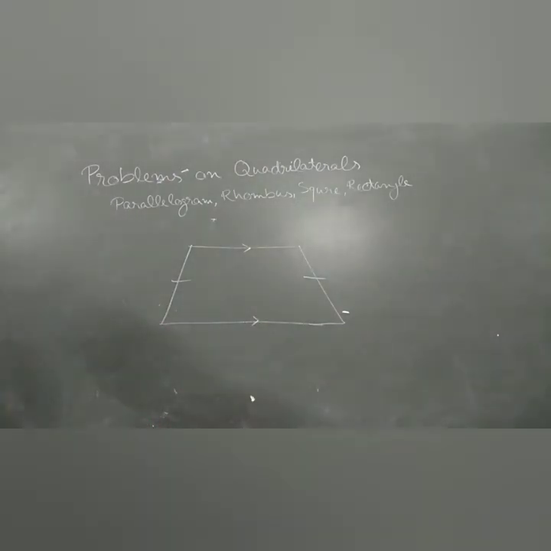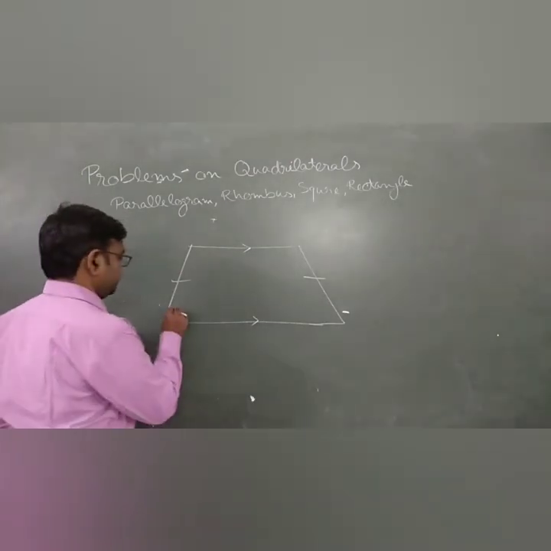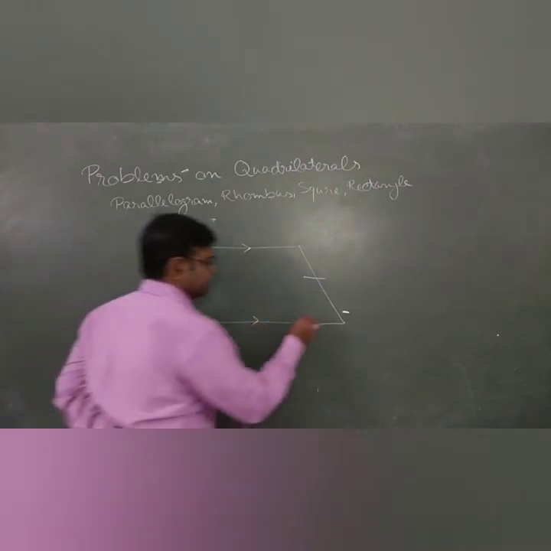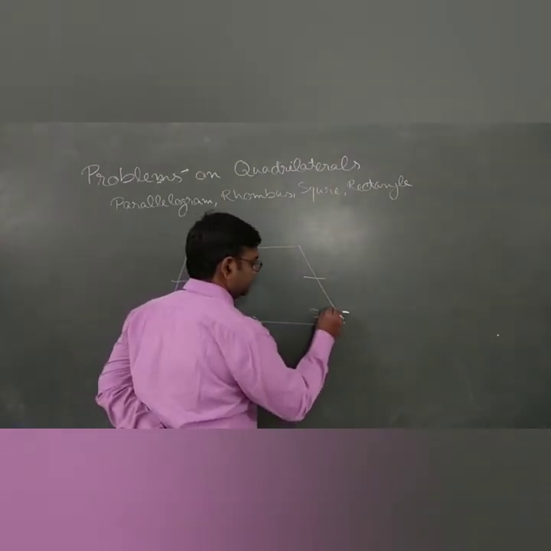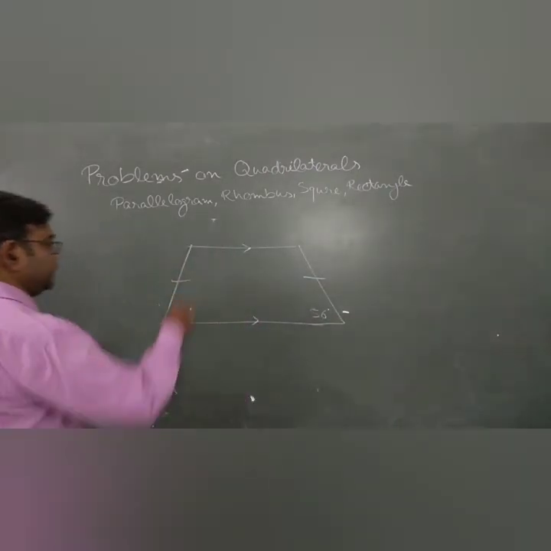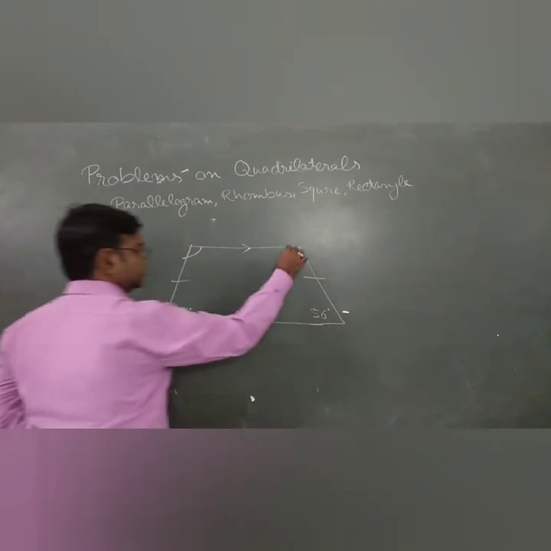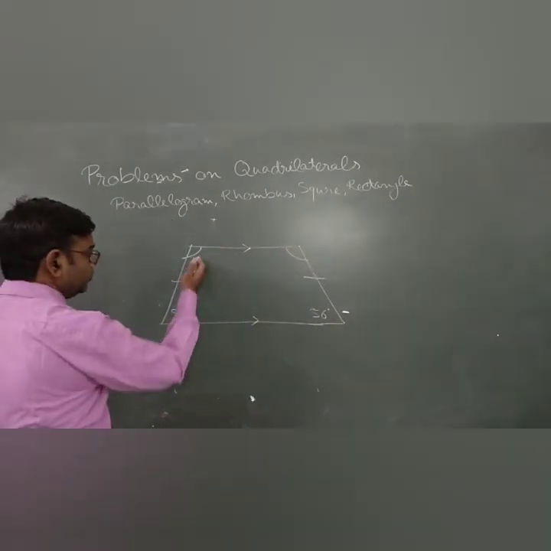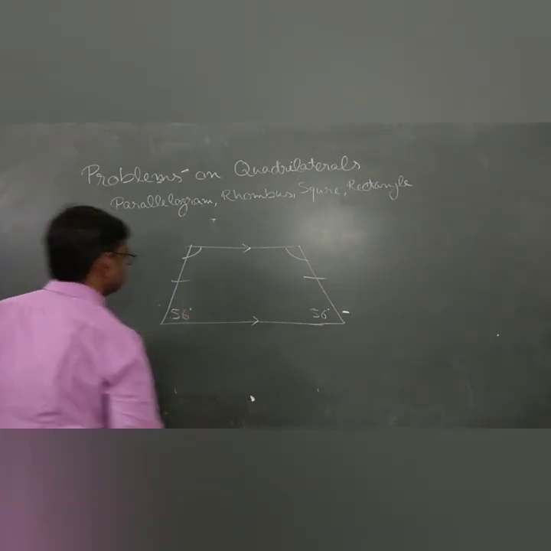The question says that the base angles of an isosceles trapezium are 56 degrees each. This one and this one are equal. The question says to find the other two angles. As we know, in the case of parallel lines, co-interior angles are supplementary.